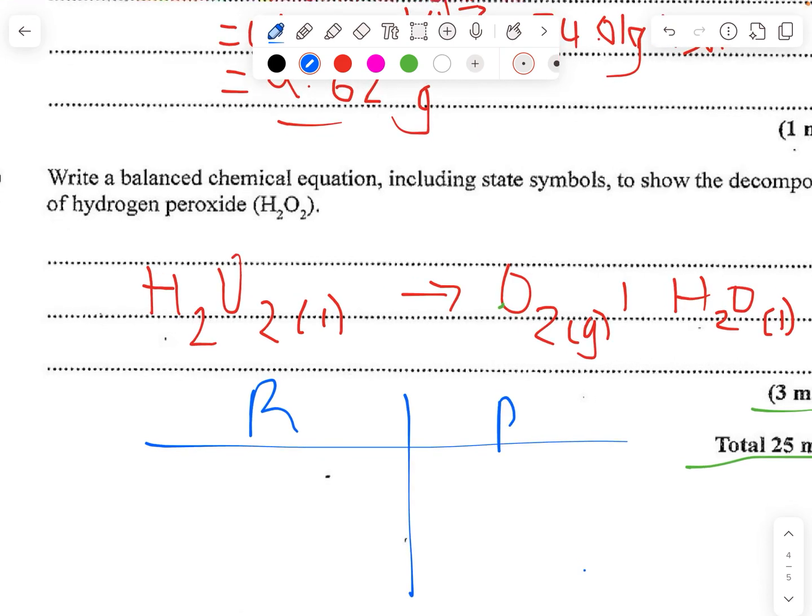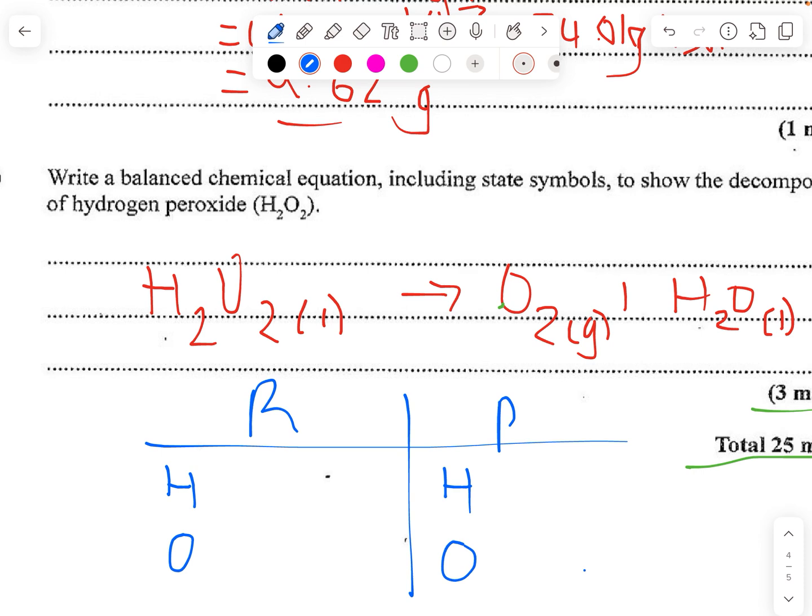Now we're going to write down all the elements present in our reactant side. So it was just hydrogen and oxygen, and all the elements present on the product side, hydrogen and oxygen. Note that whenever you do a chemical equation, you cannot form new elements. So if you start off with hydrogen and oxygen, you cannot somehow create chlorine.